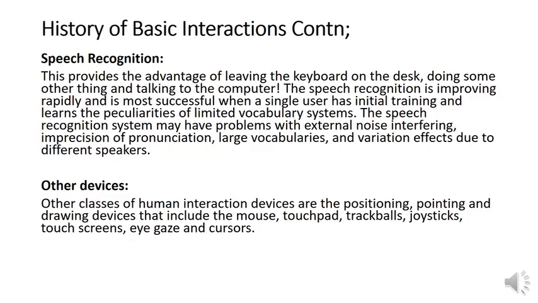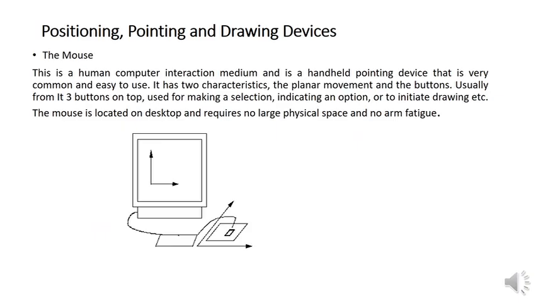Then other classes of human interaction devices are positioning, pointing, drawing, and all that. A mouse is a positioning, pointing, and drawing device. Mouse is one of them. So this is a human-computer interaction medium and is a handheld pointing device that is very common and easy to use.